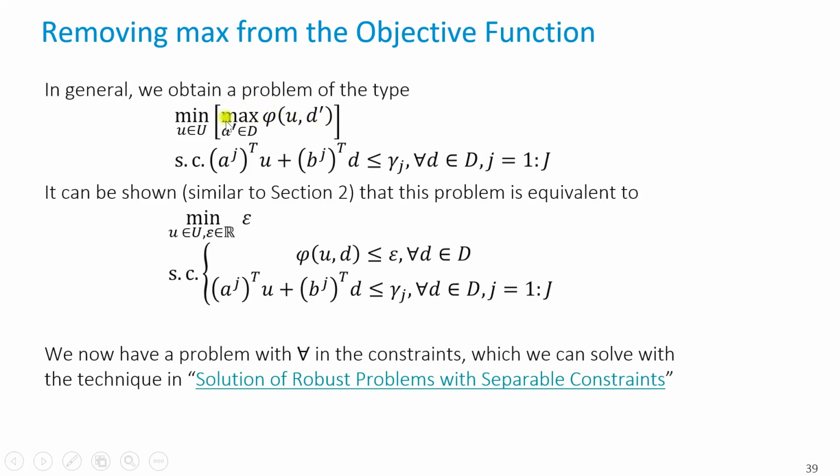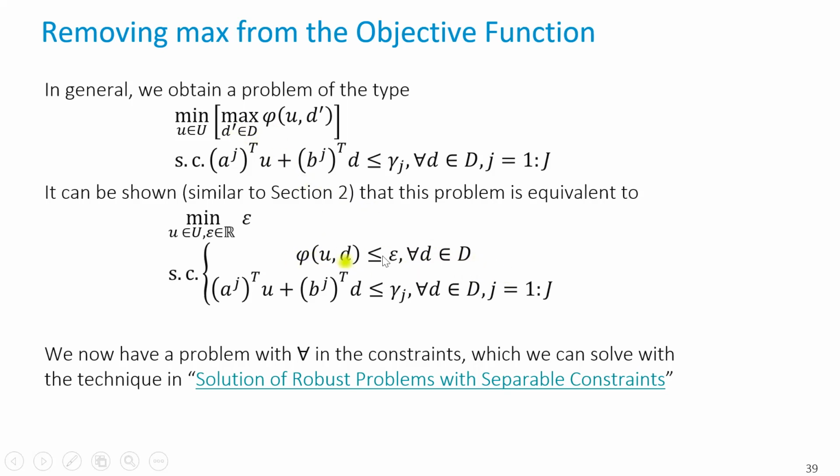Therefore, we can replace this min of this max by adding one variable for the max: min epsilon over u and epsilon, where I add the constraint that epsilon must be larger than phi of u and d, or d prime. It's a dummy variable. I don't care about the name I give it. For all values of d that satisfy the constraint that is here.